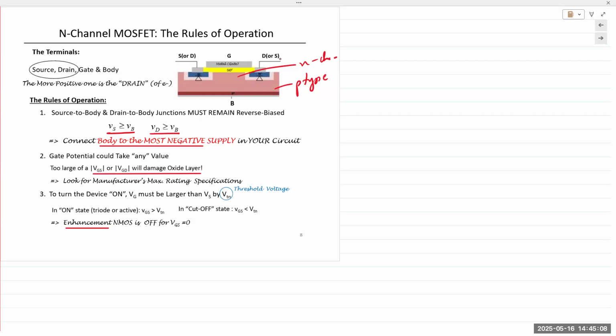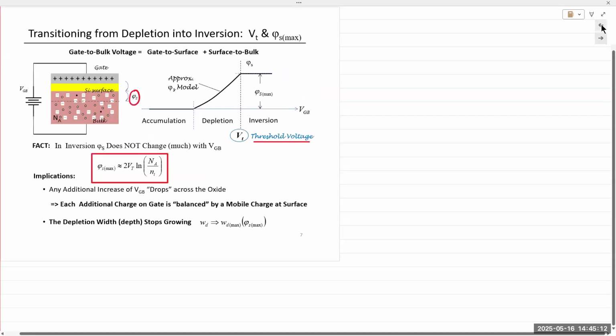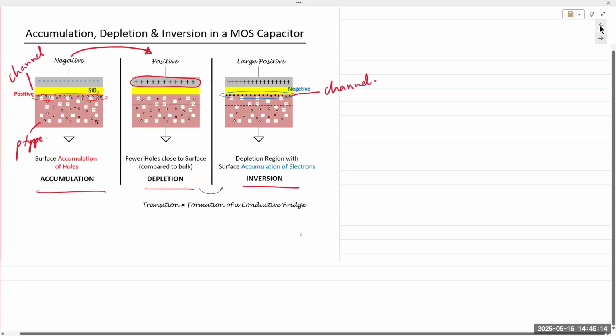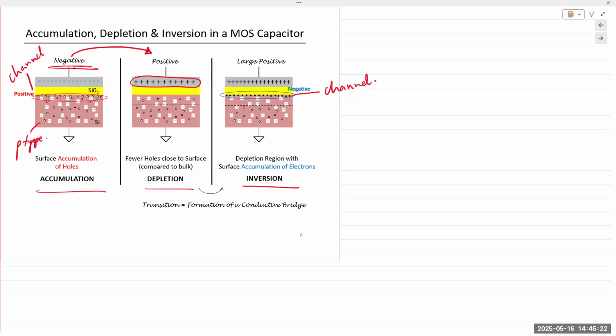So go back to this image. This one right here. When you have a negative voltage, you have a positive channel. Slowly, that negative voltage turns to positive. When it turns to positive, there is a crossover between the holes and the electrons.